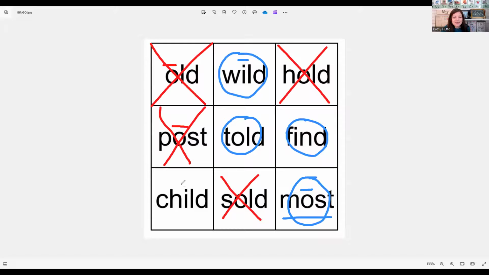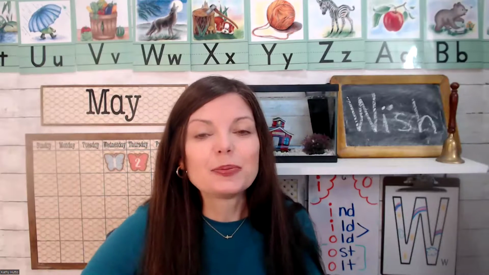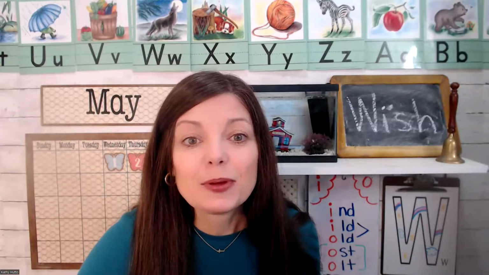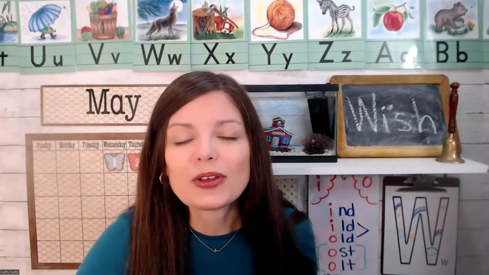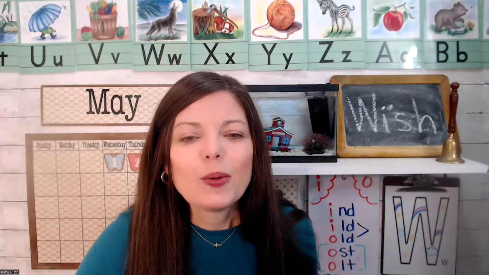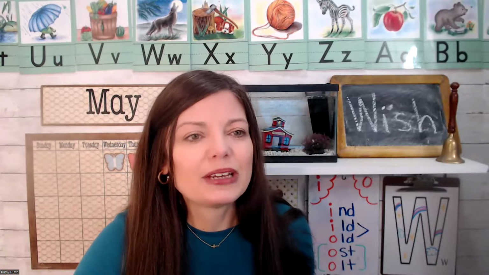I think the red X is gonna win. Child. Child. 3 in a row. Tic-tac-toe. I'll send you that so you can actually use that to play tic-tac-toe today, maybe with someone, your older brother, sister, or parent.